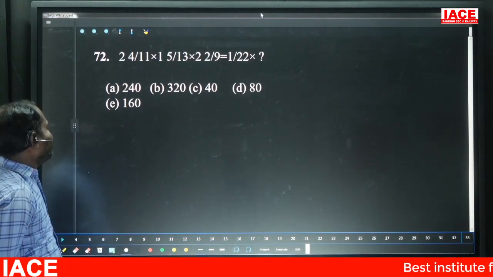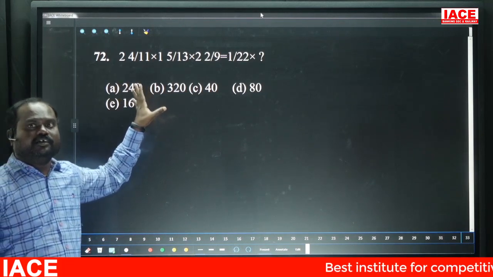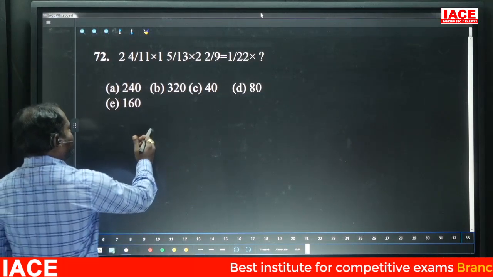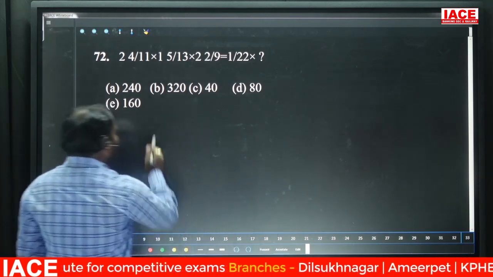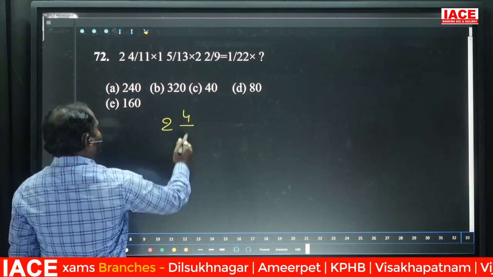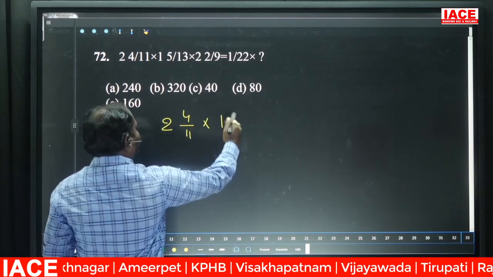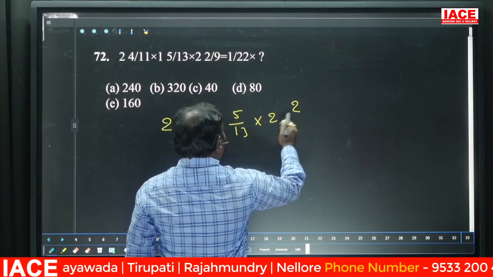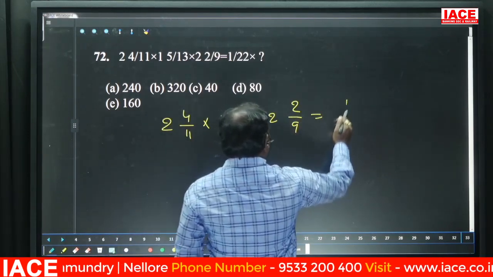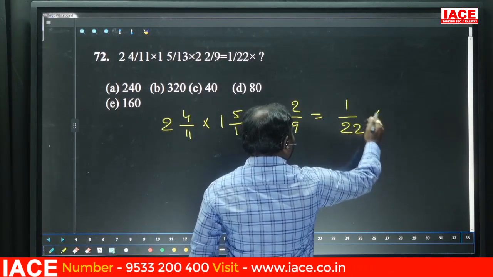Question 72. 2 4 by 11 is a mixed fraction, not 24, take it as 2 4 by 11, into 1 5 by 13, into 2 2 by 9, equals 1 by 22 into question mark.